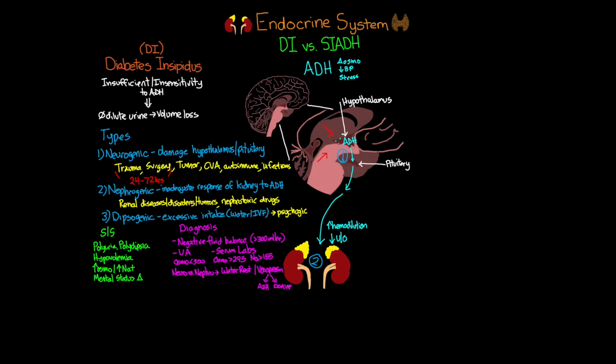And we're going to want to measure the urine output at 30 minutes, 60 minutes, 90 minutes, and 120 minutes. If we see the urine output decrease and the urine osmolality is increasing by more than 50%, we know that this is a neurogenic DI. If they have little or no response to the administration of either of these, then this is going to tell us that this is nephrogenic.